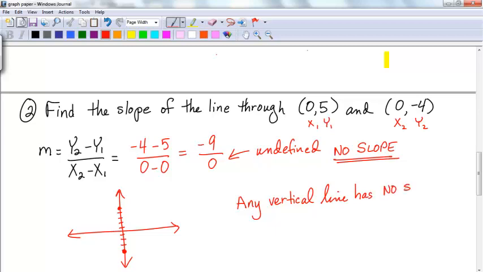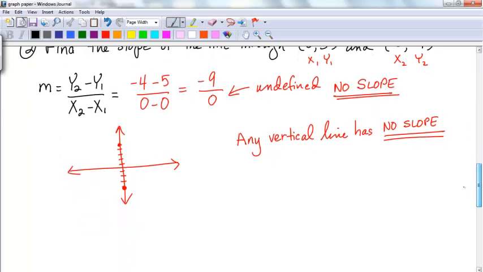And there's a difference between 0 slope and no slope. Okay? So vertical line, if you know it's a vertical line, you don't have to go through the equation. You can just say it is no slope. Okay, that is a special case. Okay, this is the other special case.